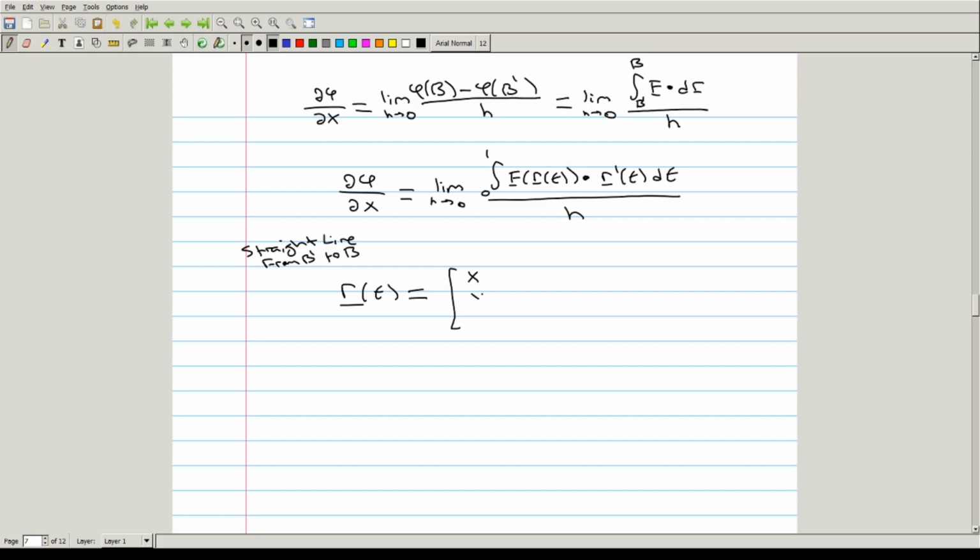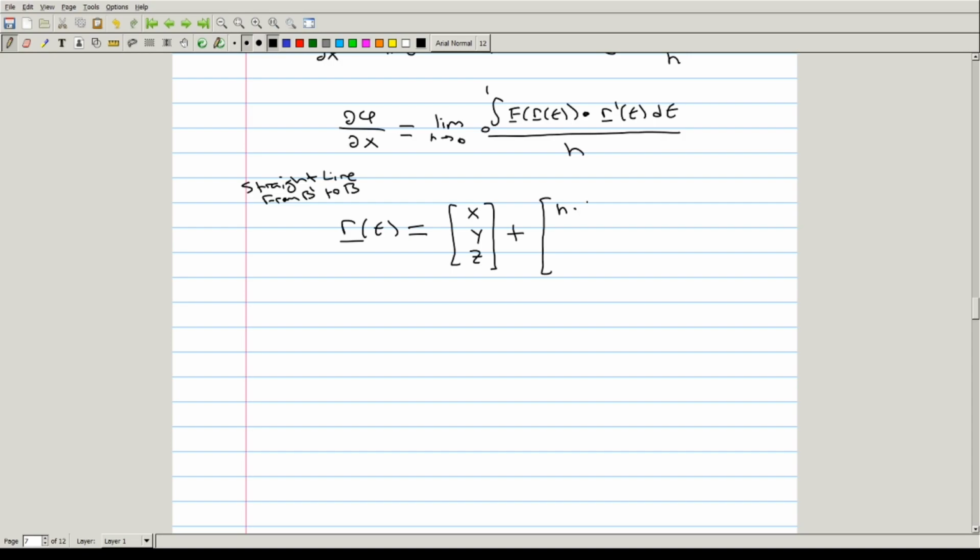So it's equal to the point x, y, z plus h times 1 minus t, 0, 0. And this is for t from 0 to 1.